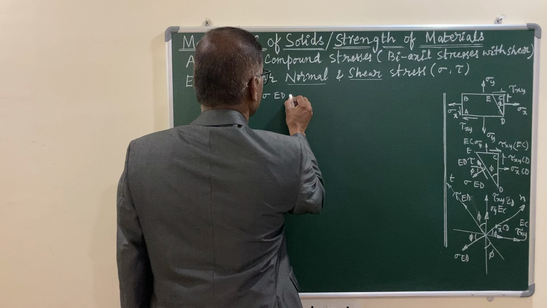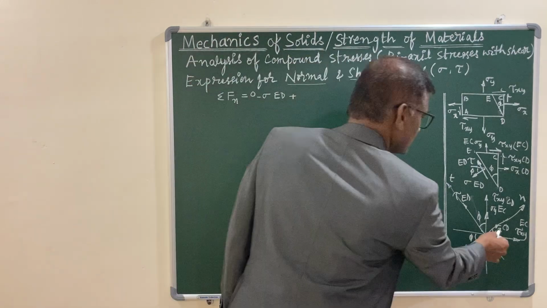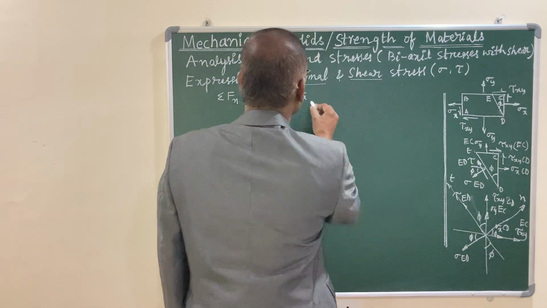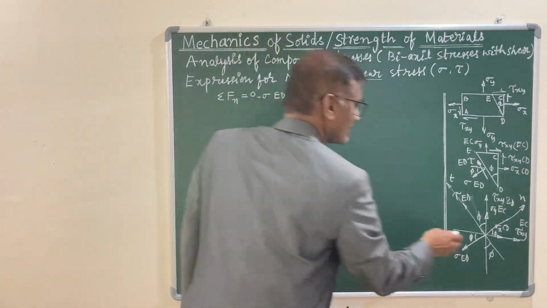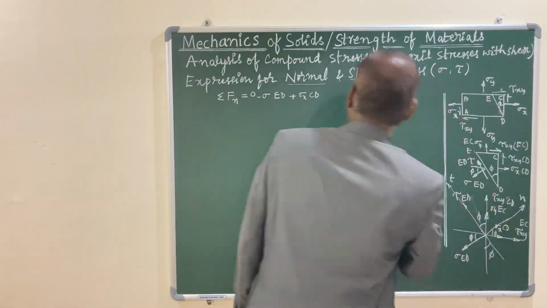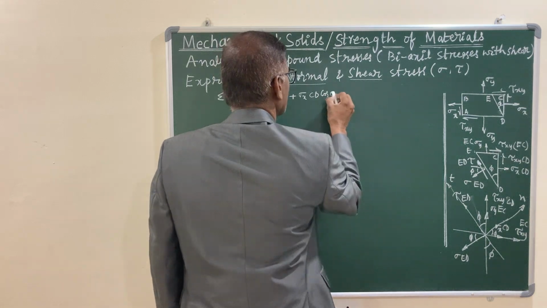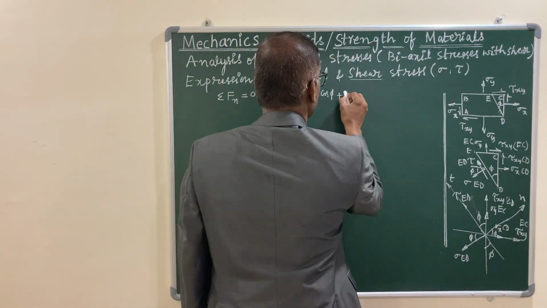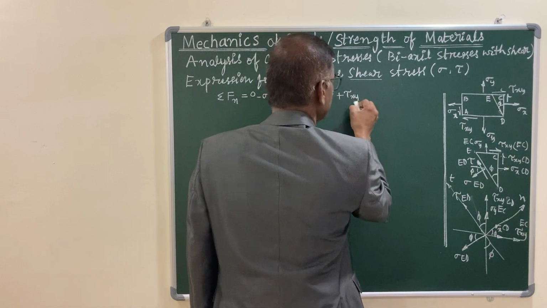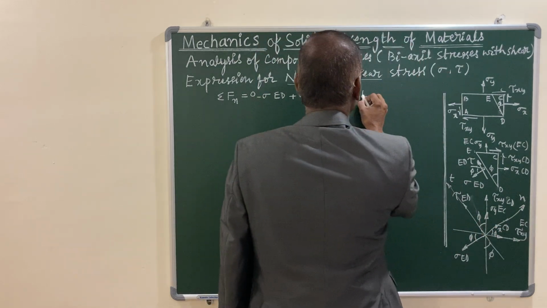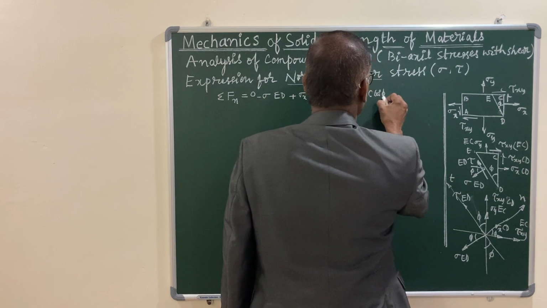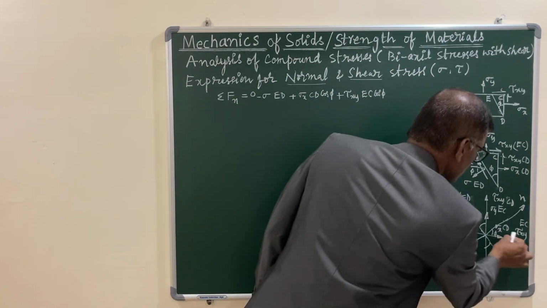It becomes a plus, it is sigma x into CD, the component of this, it is cos phi, and tau xy, again it is a plus tau xy into EC cos phi.